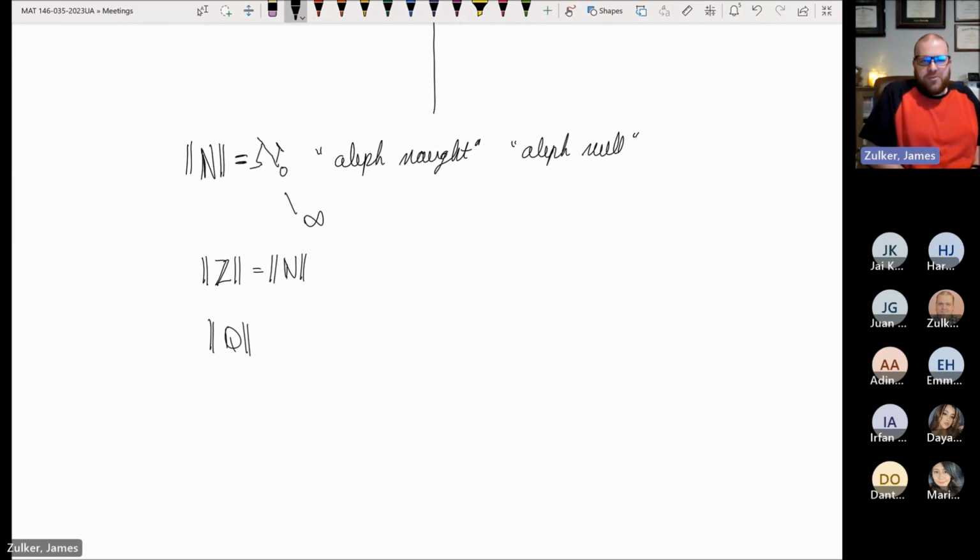The rational numbers also has the same cardinality. That means it has the same size.